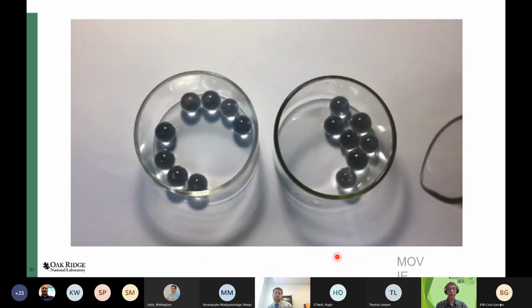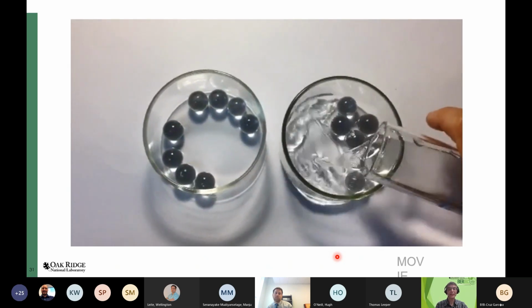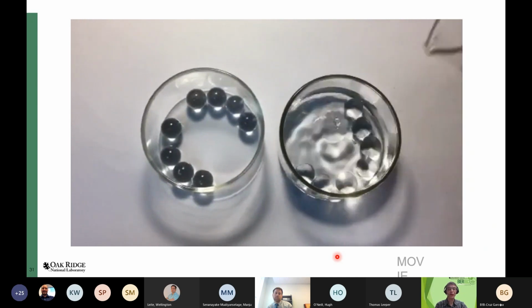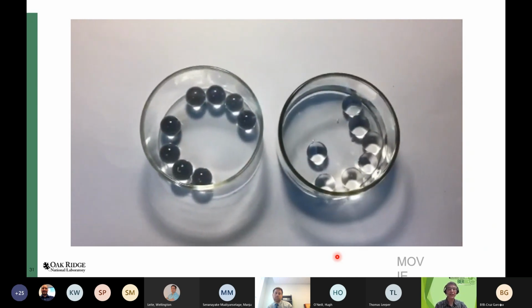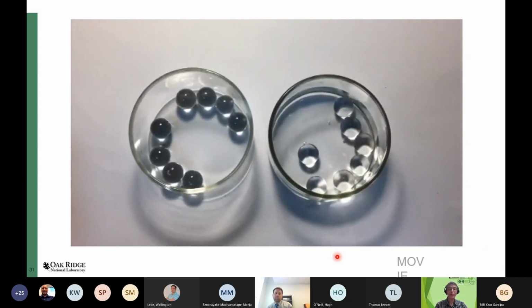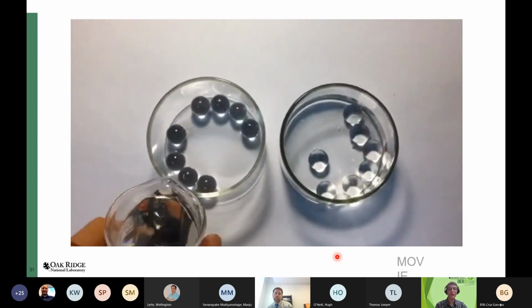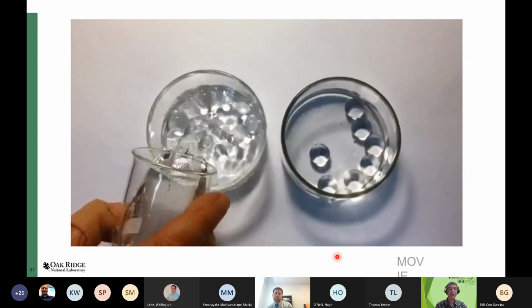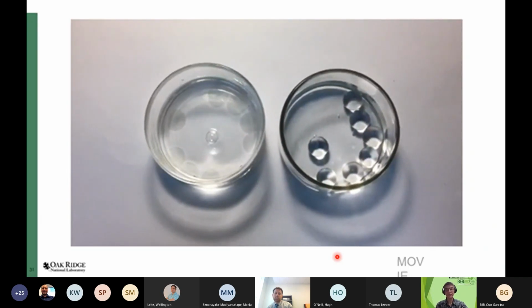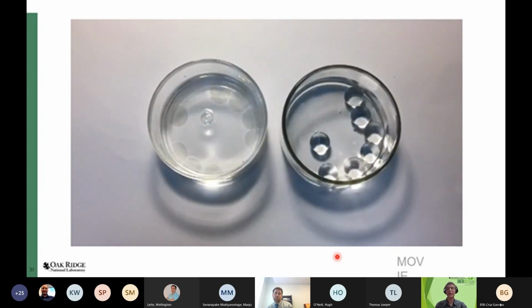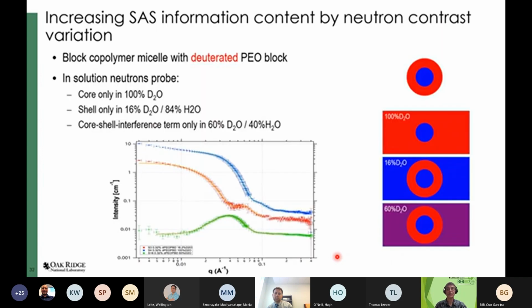And I'll show you this movie as another example of contrast variation, in this case using the refractive index of light. So you have the same beads in both of them, but you use a different solvent, and in water you see them really well, and if you use something, it's probably toluene or something like that, they almost disappear. So that's the kind of idea. You're changing just the scattering length density of your solvent, and you can make things appear or disappear.